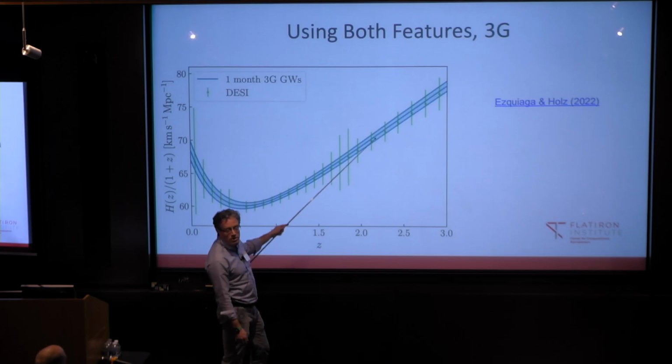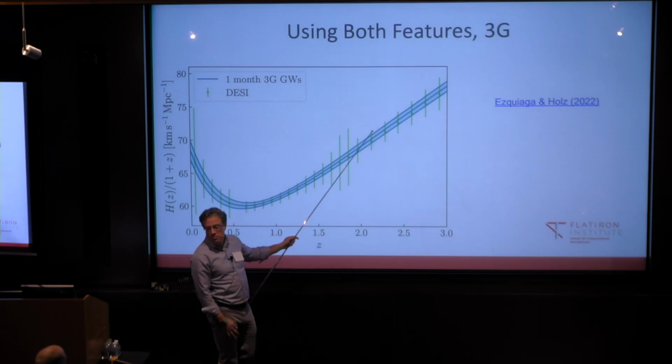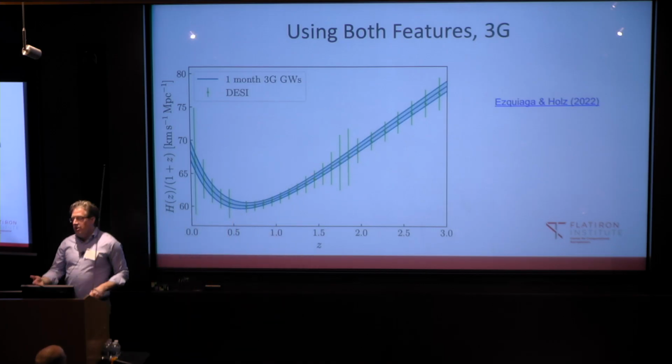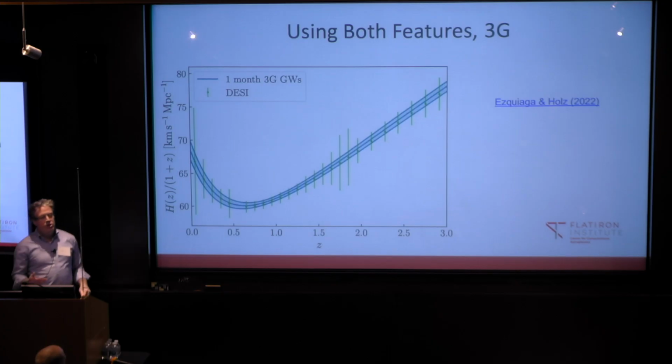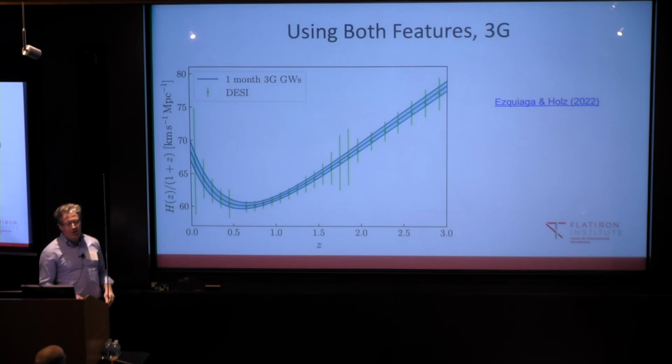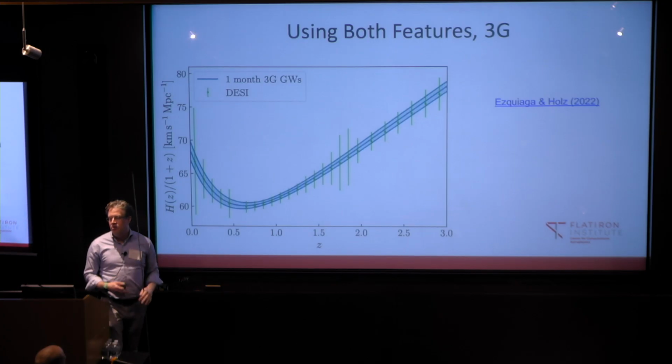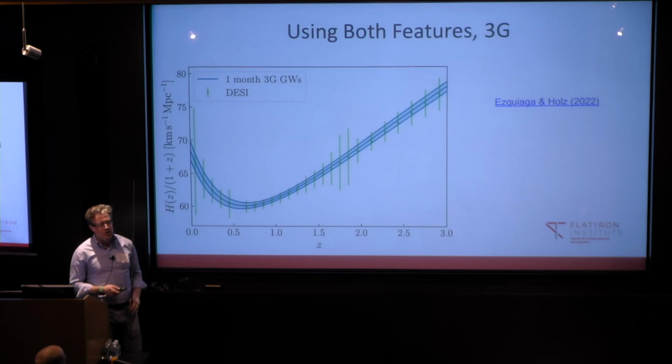These are the error bars from DESI, full DESI. So the next generation of instruments can make this kind of measurement in a very interesting redshift range that is not really accessible to electromagnetic observations.